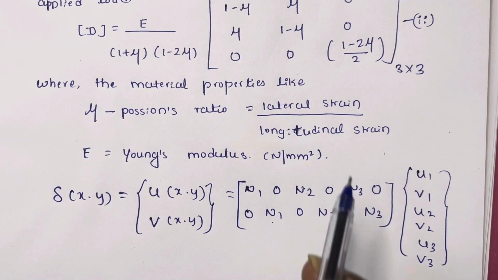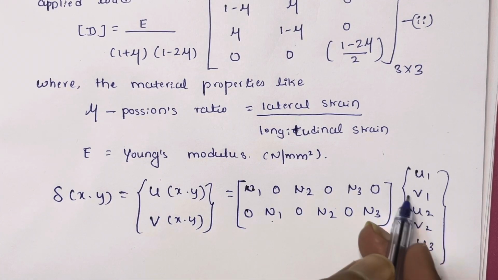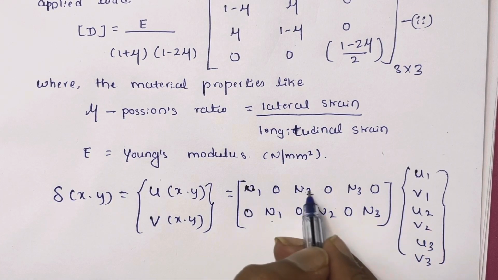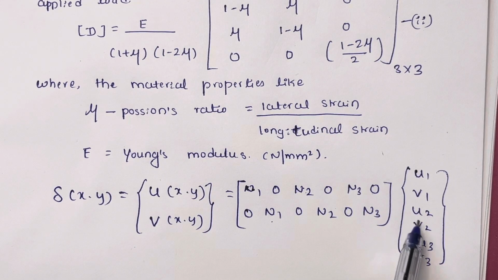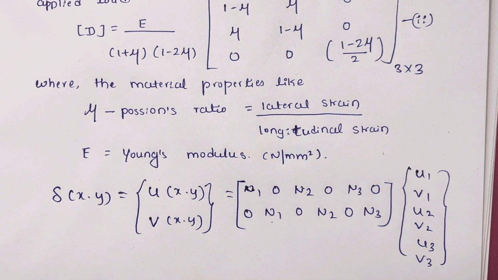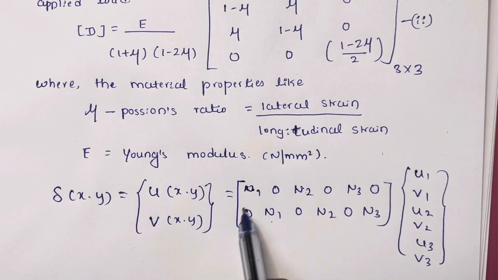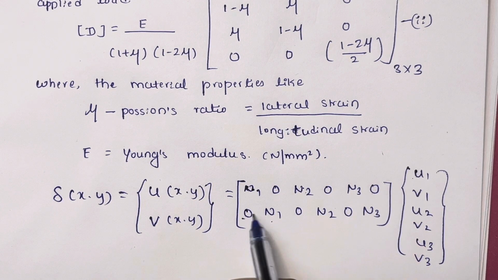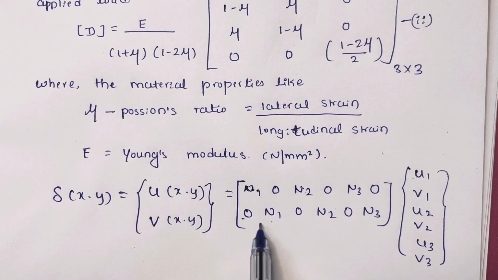See here, n1 into u1 gives n1 u1. Here it is 0 because here we have v. This is only related to u, that's why we have u followed by v, again u followed by v, like this. So n1 0, n2 0, n3 0. Similarly, the first one is u1, that's why here it is 0. The second one is v1, so it is n1 v1, because the second one is for v.